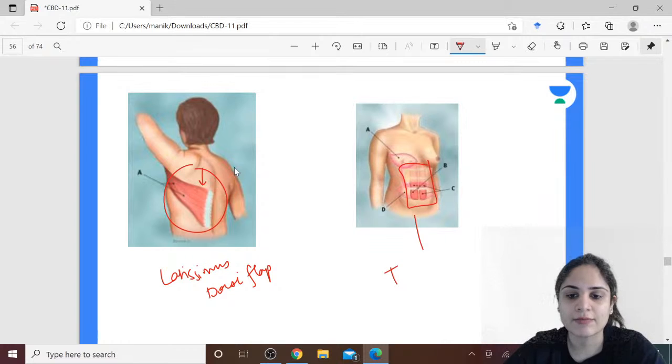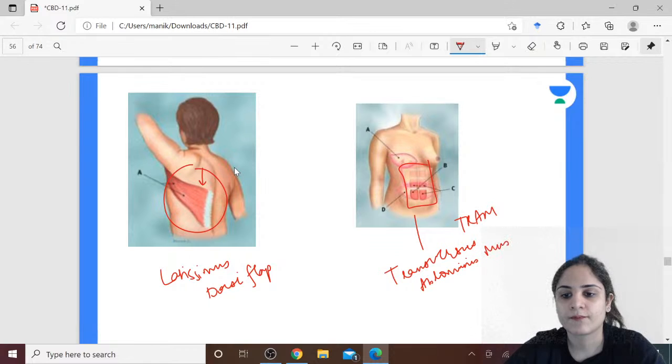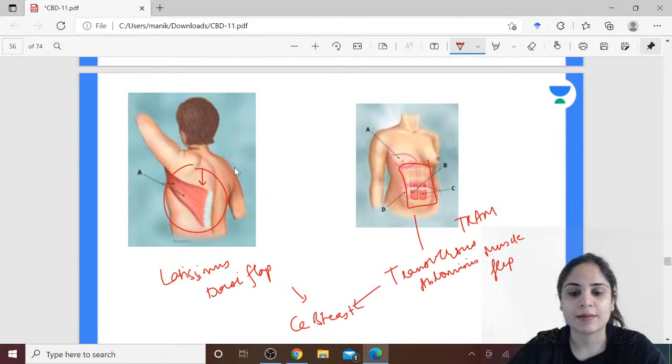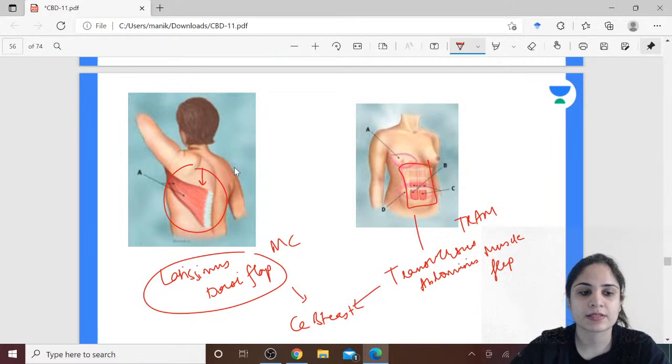This is your TRAM flap. TRAM, transversus abdominis muscle flap. Okay, so both of these flaps are taken for reconstruction in CA breast. LD and TRAM. More commonly LD flap is taken. Okay.